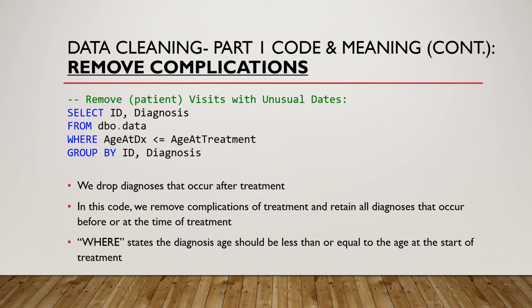Group by ID and diagnosis. We drop diagnoses that occurred after treatment. In this code, we remove complications of treatment and retain all diagnoses that occurred before or at the time of treatment. Where states the diagnosis age should be less than or equal to the age at the start of the treatment.